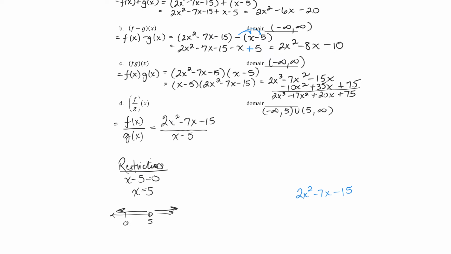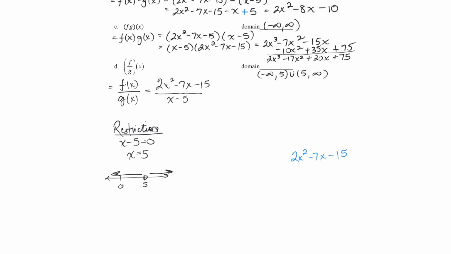So in order to do that, and if you need a refresher on this, go back to the review materials and factoring polynomials. I'm going to multiply a times c, 2 times negative 15 is negative 30. I'm going to be looking for two numbers that multiply to negative 30 and add to negative 7, right?